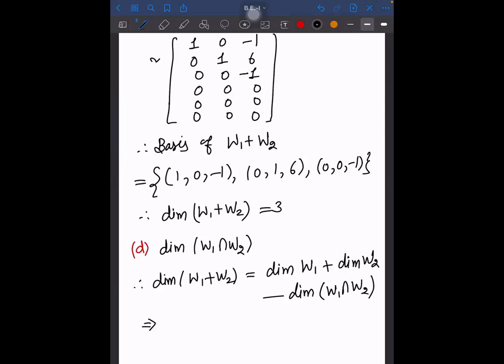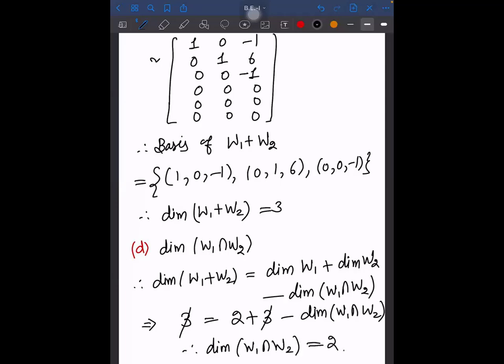So W1 plus W2 की dimension 3, W1 2, W2 3 minus dimension of W1 intersection W2. So therefore, dimension of W1 intersection W2 is equal to 2. Yes. Is it fine? Yes, sir.